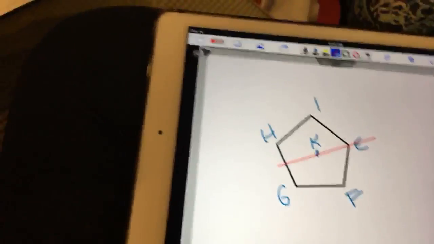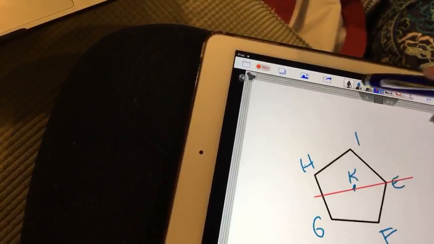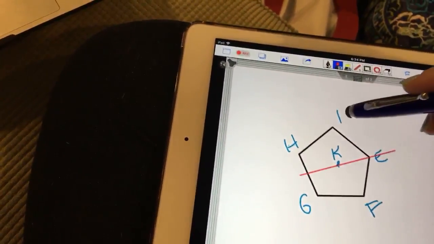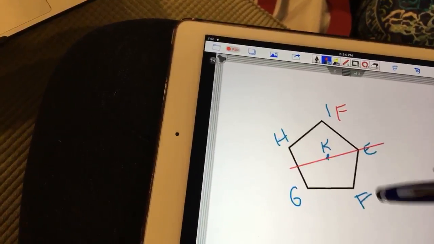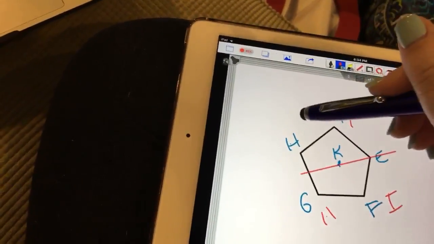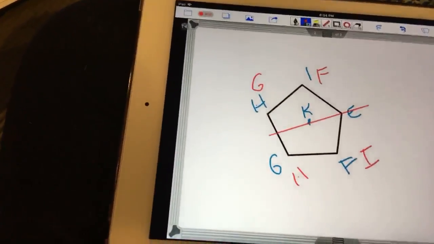That's going to wind us up with this being F, this being I, this being H, and this being G, but the shape is going to stay the same.